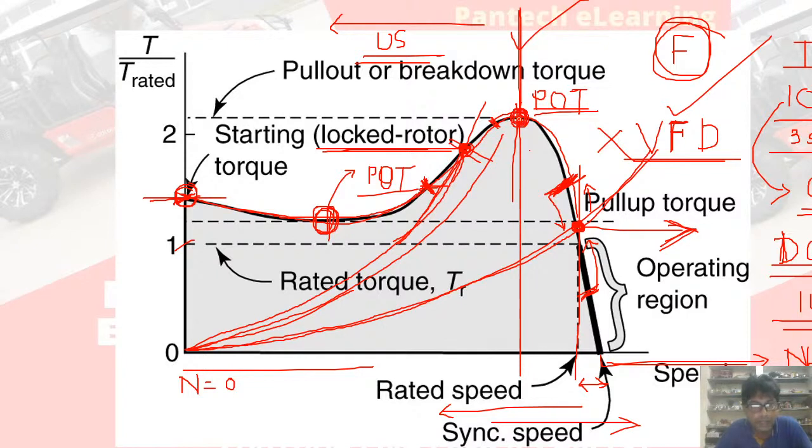So for both the cases, if I choose the operating point at the left side of that pull out torque, either it is going to the lock rotor torque, meaning the rotor is in locked condition, or it is going to the pull out torque or the stalling torque, and in both the cases my machine will stop. So it's a very unstable situation.